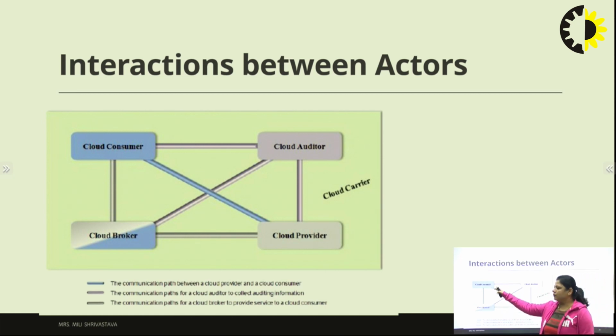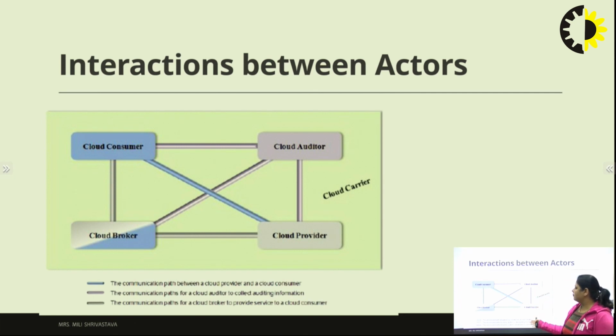So what is cloud consumer? Who can access the service of cloud computing, known as cloud consumer. What is cloud broker? Cloud broker, whosoever provides the service of cloud computing, this is cloud broker. What is the cloud auditor? Cloud auditor audits the services given by the cloud broker, and this is cloud provider.